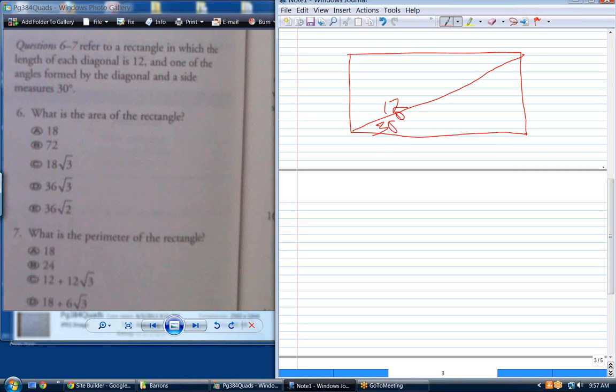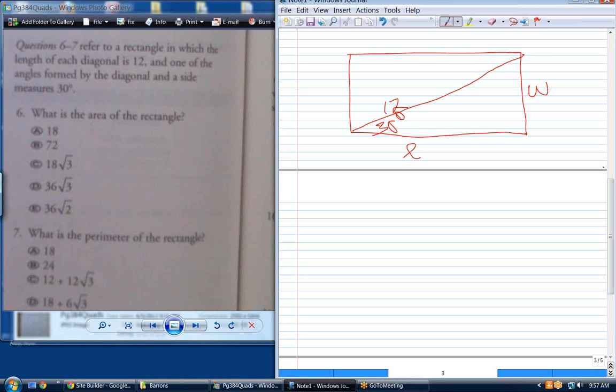Okay, so it's going to be a 30, 60, 90. And the area is length times width. Or I'm doing the triangle. So it's going to be in the ratio of 1, root 3, 2.